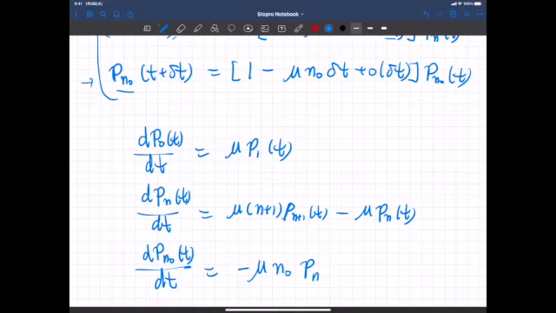So here are the differential difference equations to be solved to find out these probability mass functions.